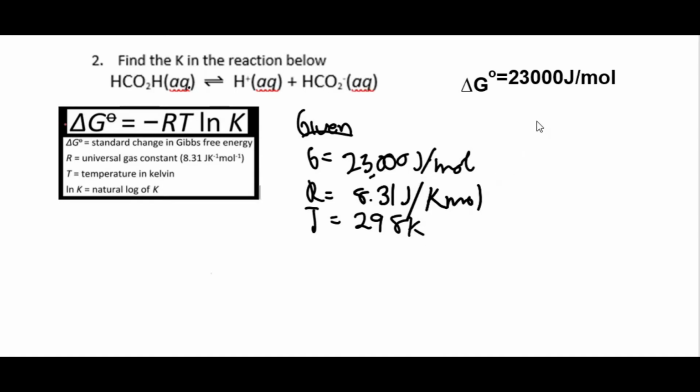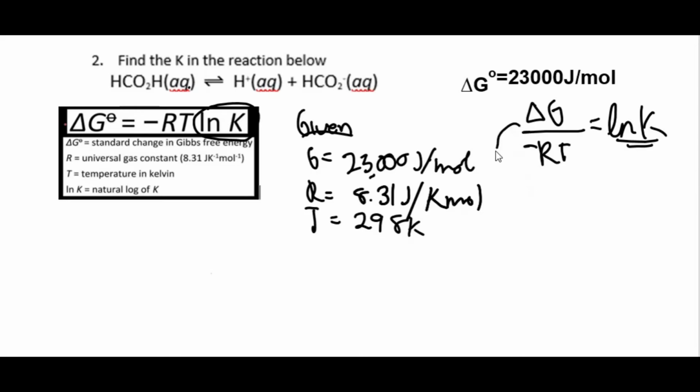So let's set up the equation. Since the one missing is this, the equation will be this, because we just want the equilibrium constant alone on the right side.